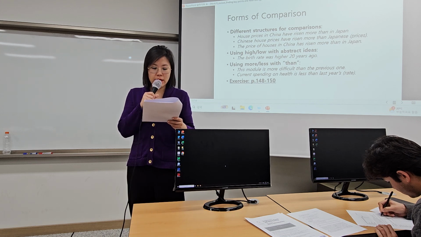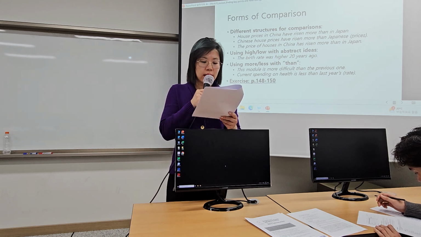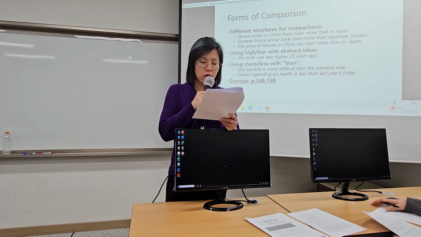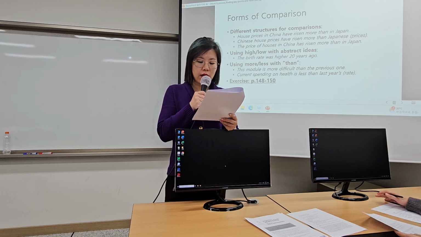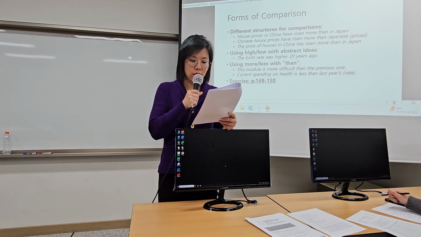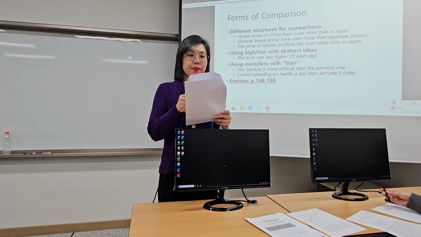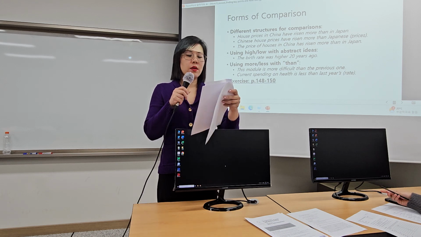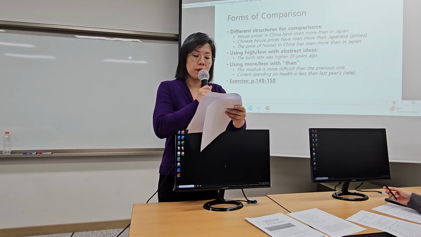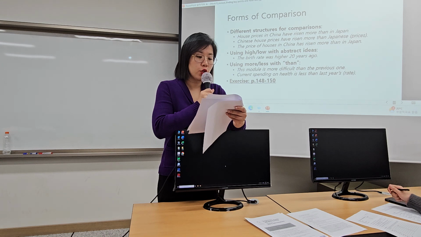Okay, let's do practice C. So for practice C, you study the table below, which shows the share of total energy consumption produced from renewable sources in various European countries in 2022. And then write a paragraph comparing them. Okay, so it actually gives you the first sentence on the next page.